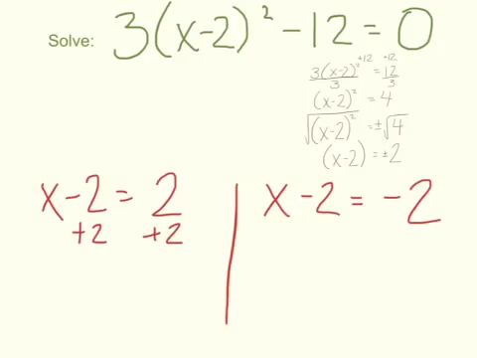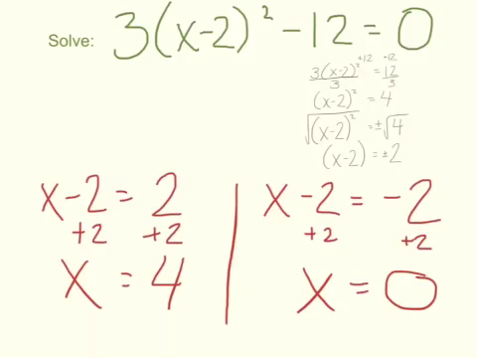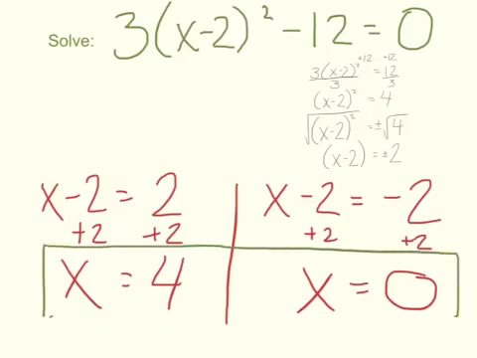And over here on the left we'll have x equals 4. And then on the right hand side, when we add 2, we have x equals 0. And so these two solutions here, x equals 4 and x equals 0, those are our final solutions.